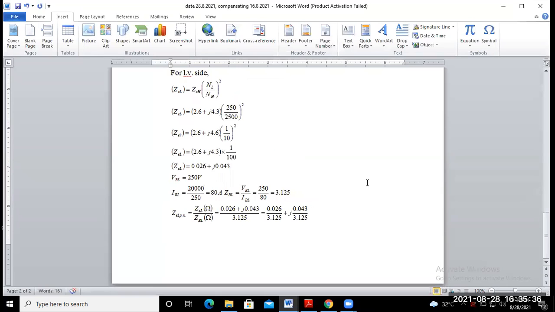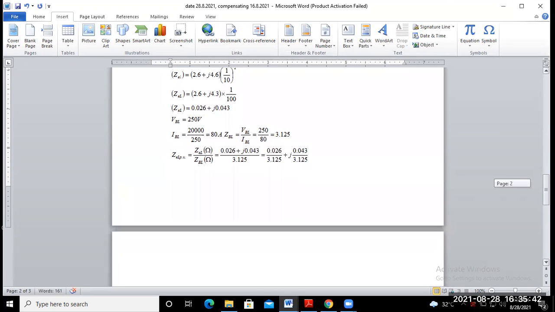Now you can simplify this equation, so you will be able to get the value of equivalent leakage impedance on the low voltage side in per unit. Okay, so this one now we can represent, just simplify this equation.